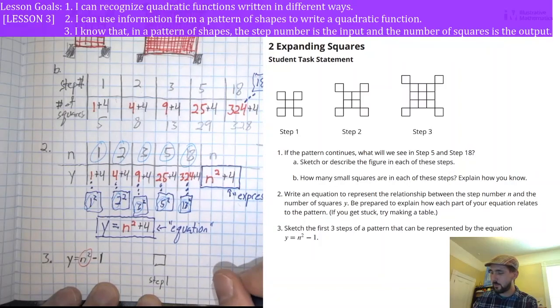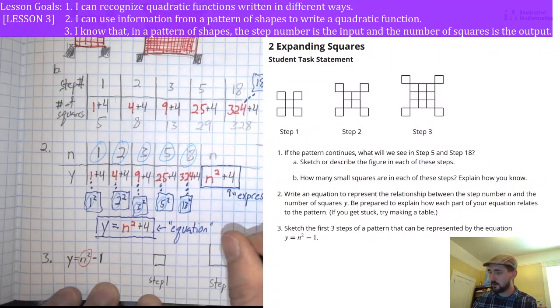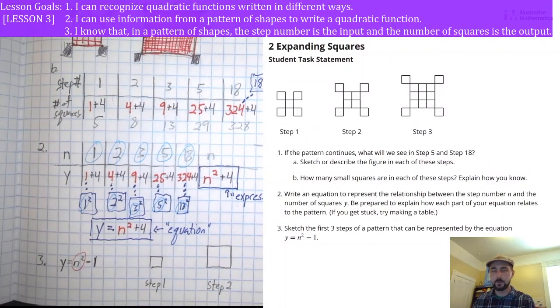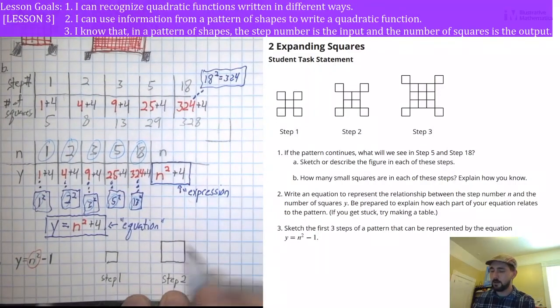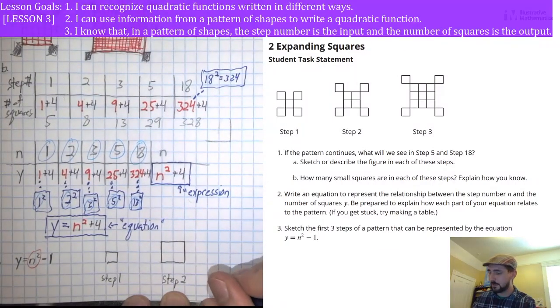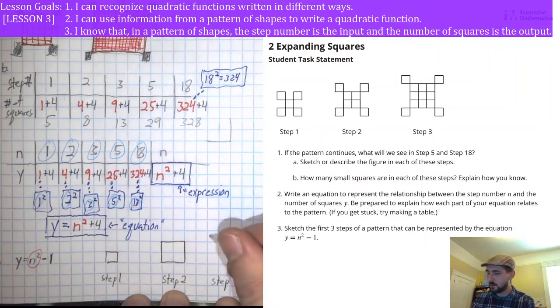In step 2 there's going to be a 2 by 2 square. And in step 3 there should be a 3 by 3 square.